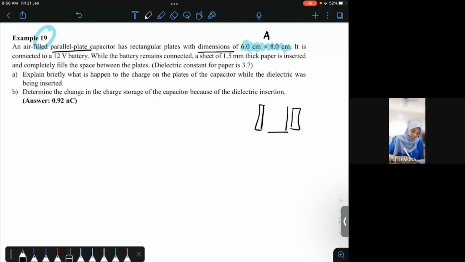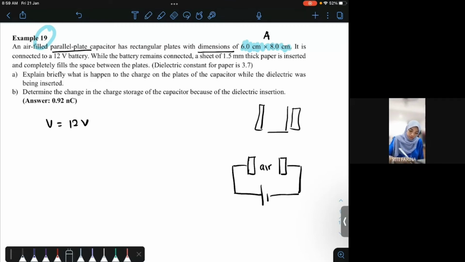So we have V of 12 V. While the battery remains connected, the parallel plates are initially filled with air and connected to the battery. Okay, and then what do you do? You insert the dielectric without removing the battery.